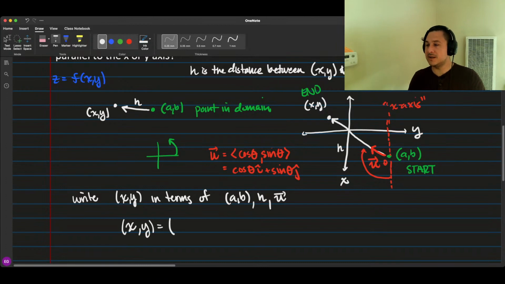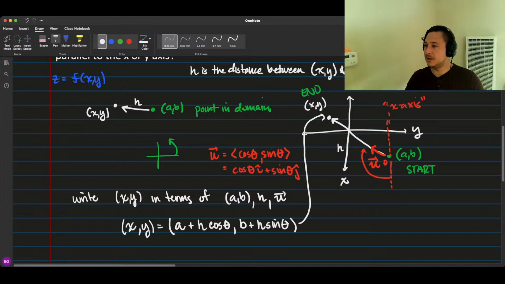We're going to start at a, and then we're going to travel a distance h according to the angle, h cosine theta. Well, what about the y value of that point? We're going to start at the starting point b, and travel a distance h in that direction, h sine theta. So this is that point right here.